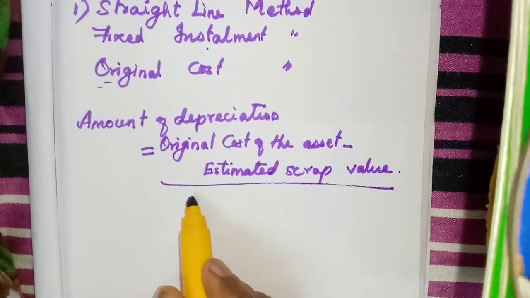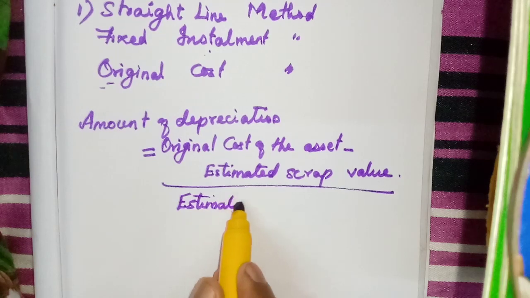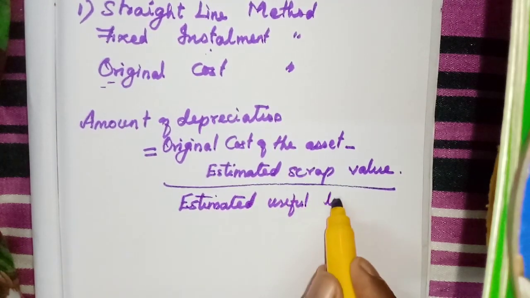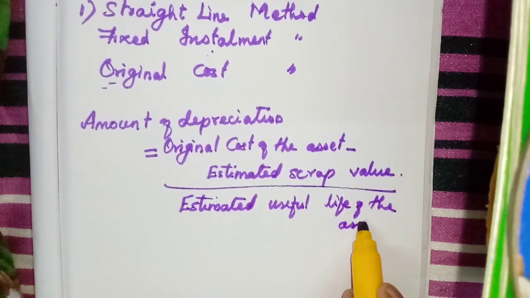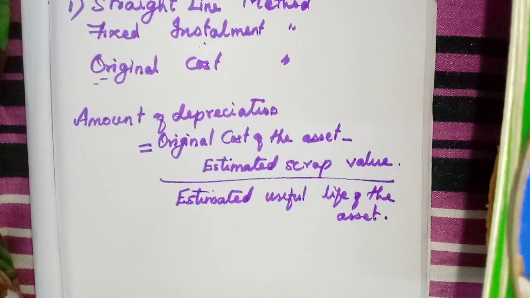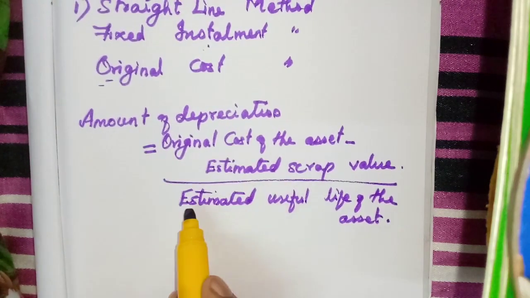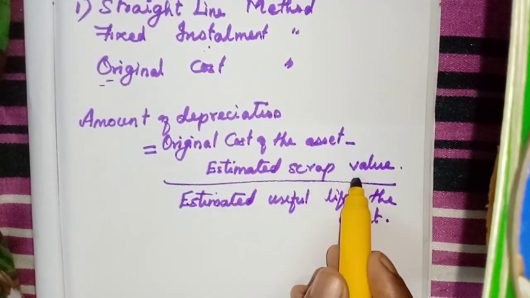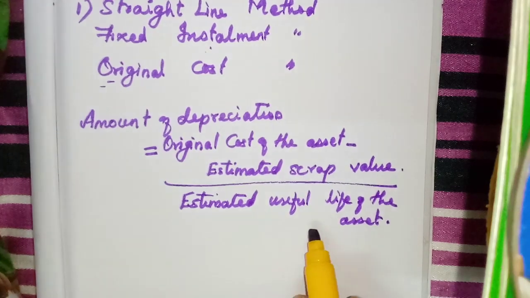The life of the asset also we are going to estimate. So we are going to calculate the amount of depreciation by this formula: original cost of the asset minus estimated scrap value divided by estimated useful life of the asset.